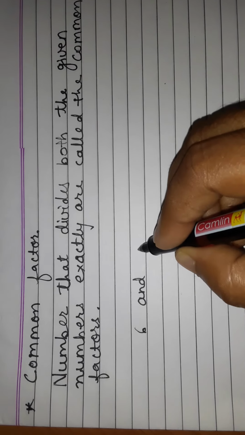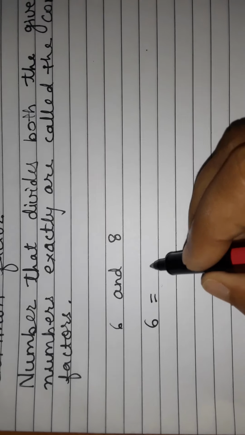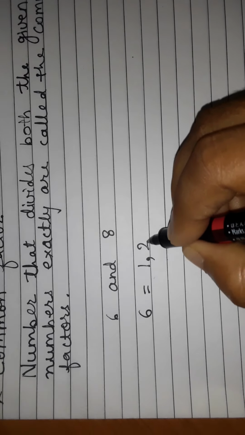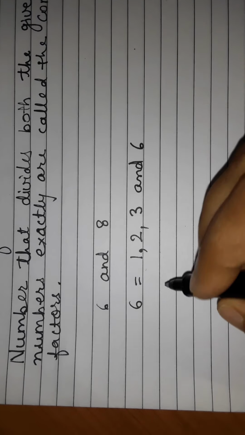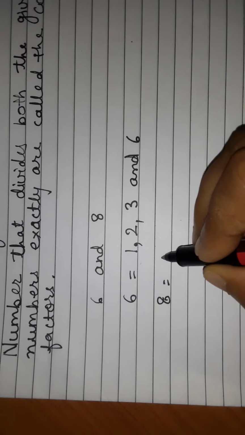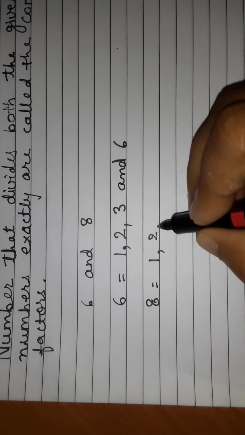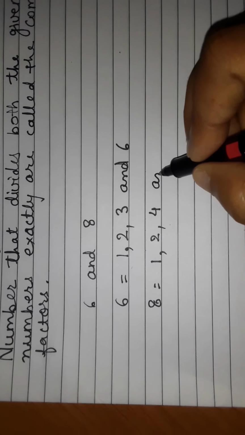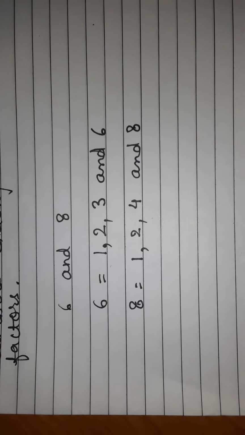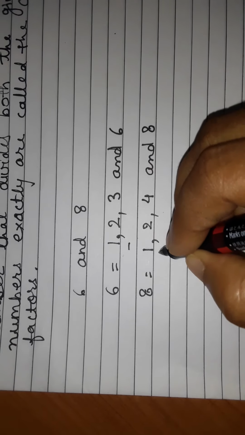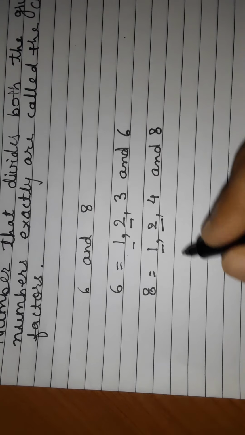We will find out the common factors for 6 and 8. First I will write all the factors for 6: 1, 2, 3 and 6. Now for 8: 1, 2, 4 and 8. Now what are the common factors over here? 1 and 2.